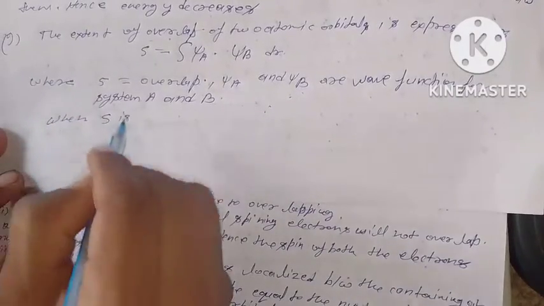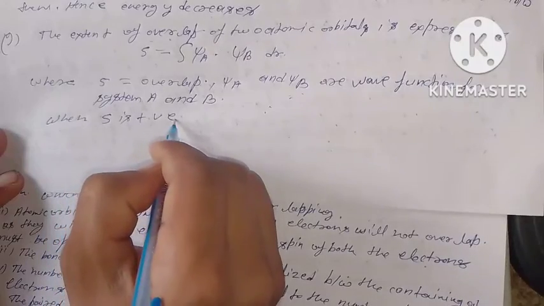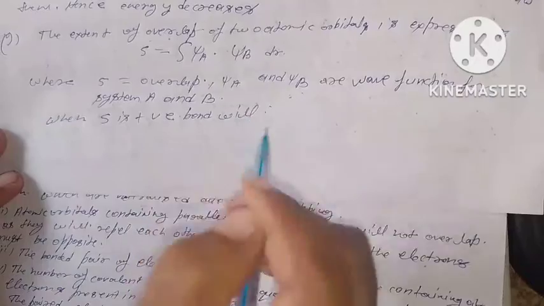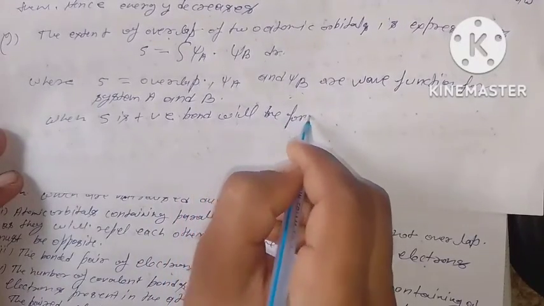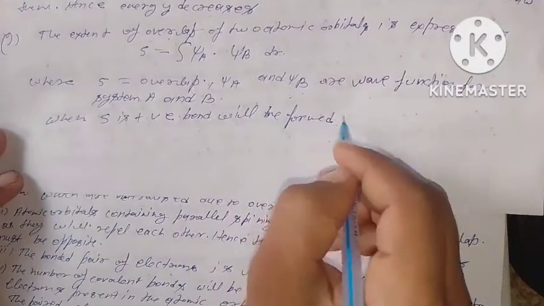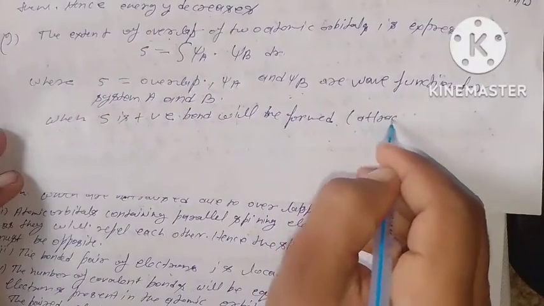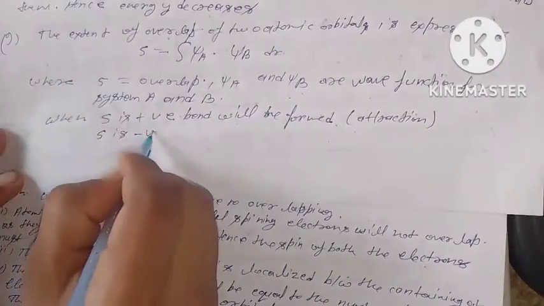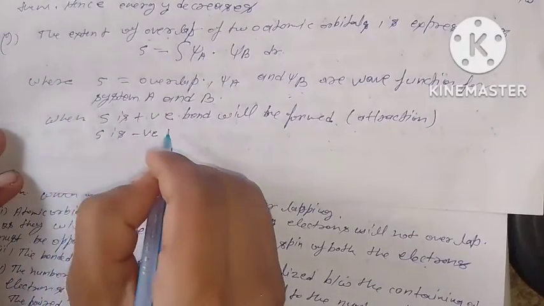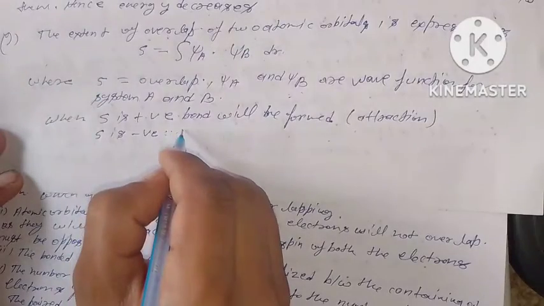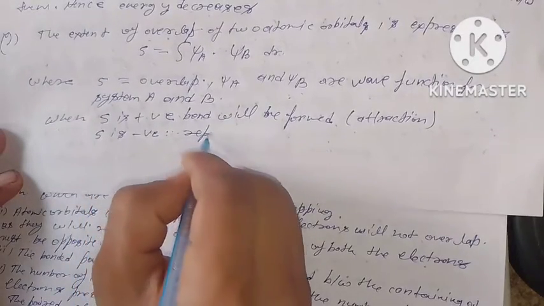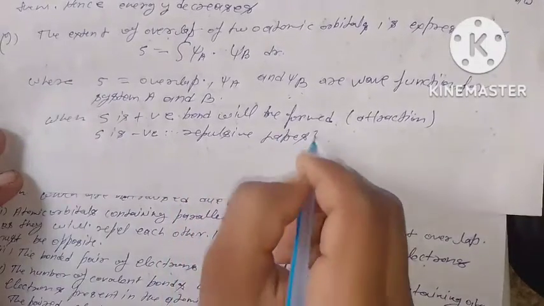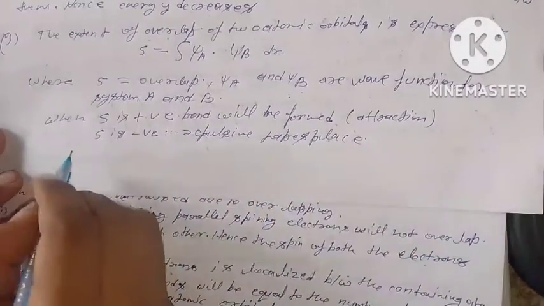When S is positive, bond will be formed, attraction. And when S is negative, repulsion takes place.